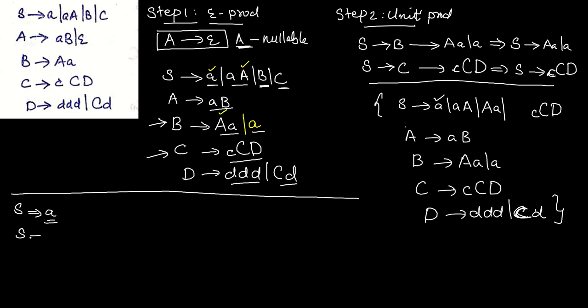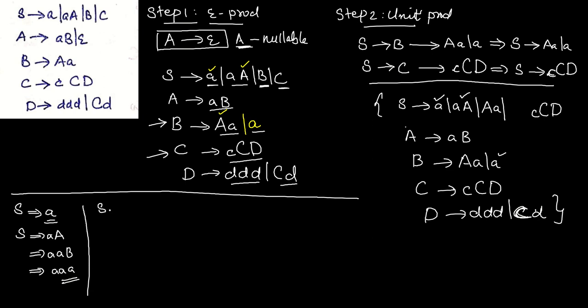Then you see S gives A, and for this A, there is only one substitution, AB, that can be substituted. And for B, I can substitute this terminal to get a string. So that means using S gives A, we get at least one string. So that is also a useful production.